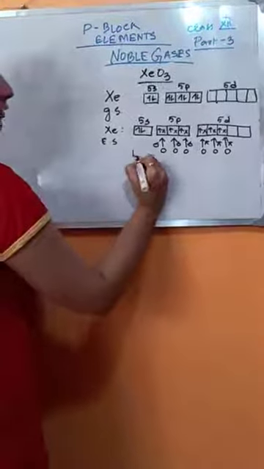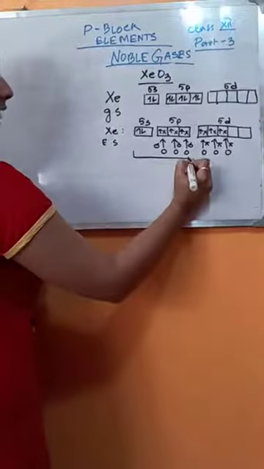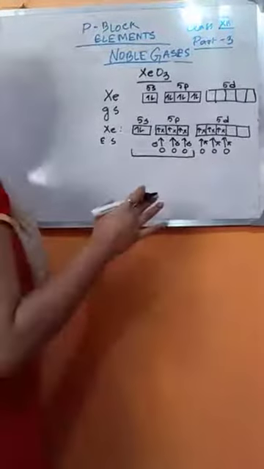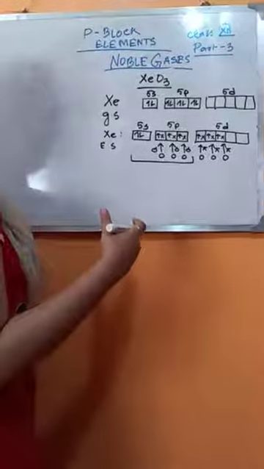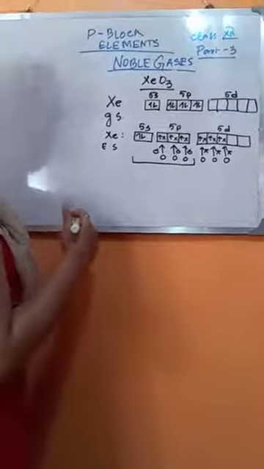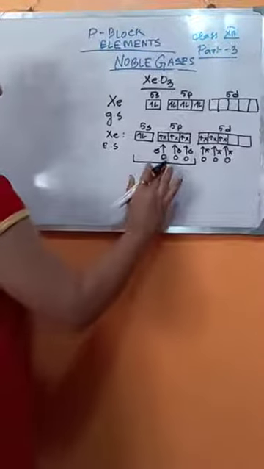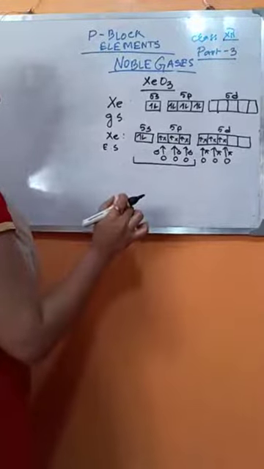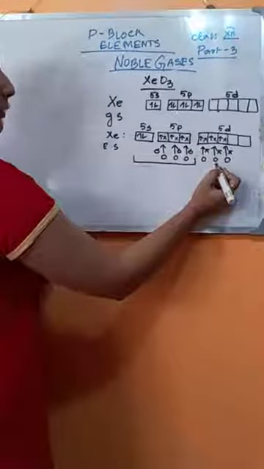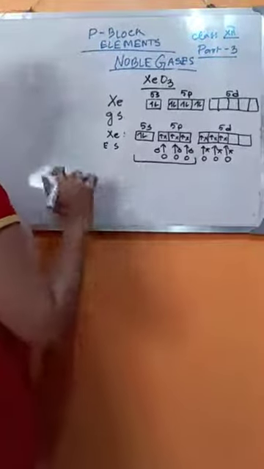But the pi bonds won't be considered in the hybridization. Why? Because the geometry of the molecule depends on the hybridization, and here the sigma bond and the pi bond are formed together. So the pi bonds won't be considered in the hybridization.